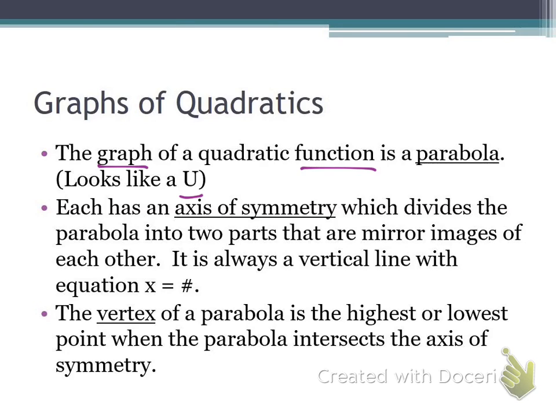Each has an axis of symmetry which divides the parabola into 2 parts that are mirror images of each other. It's always a vertical line with equation x equals a number.